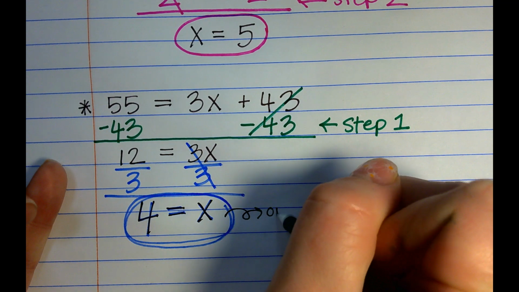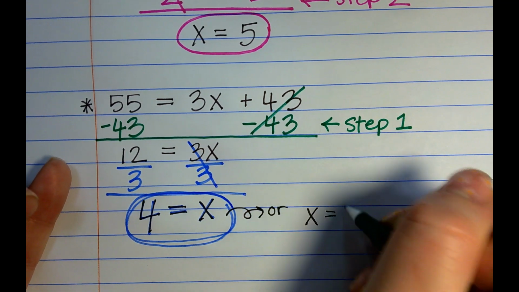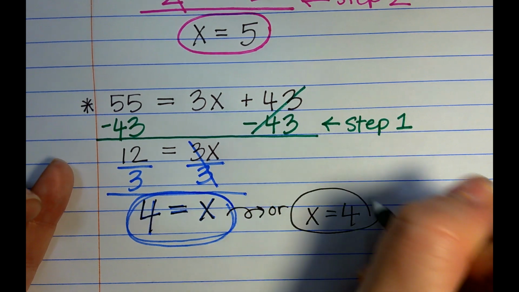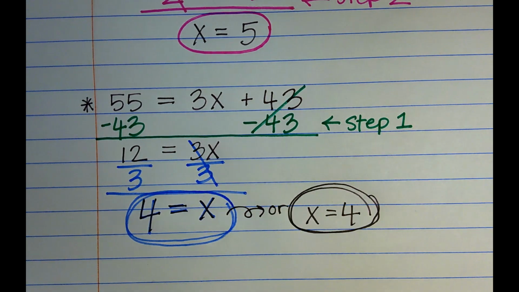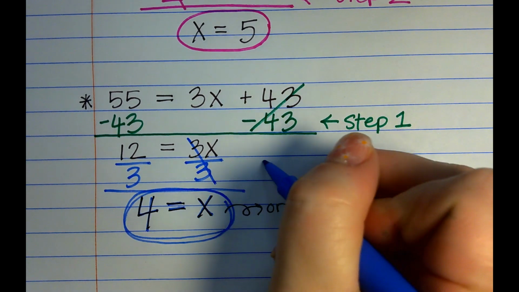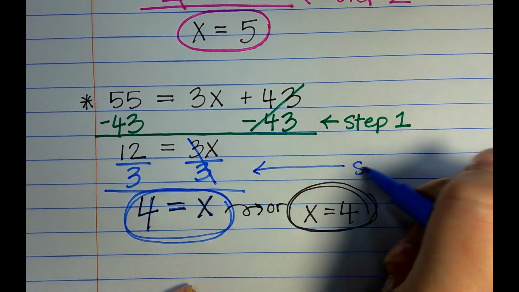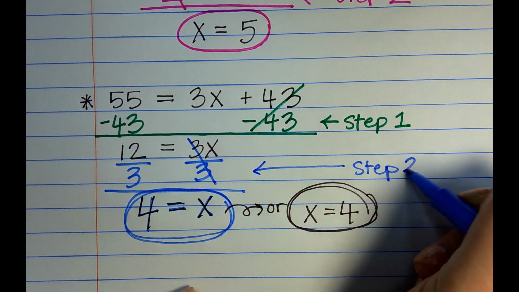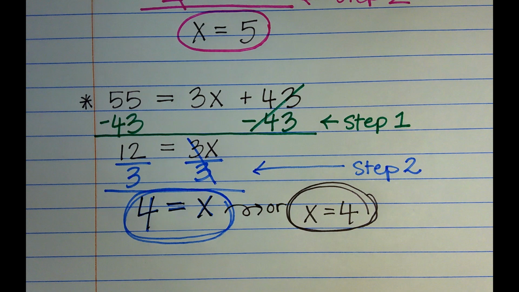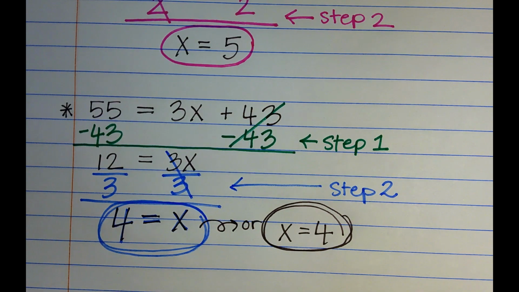You could also say x equals 4. Both are correct. So there's step 1 and here's step 2. So there are our 2-step equations. Not too bad, guys.